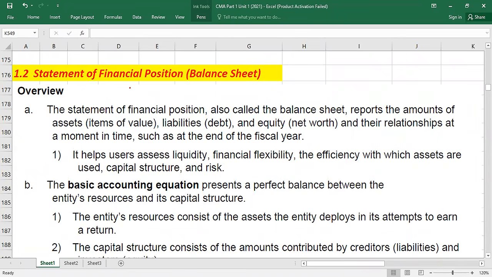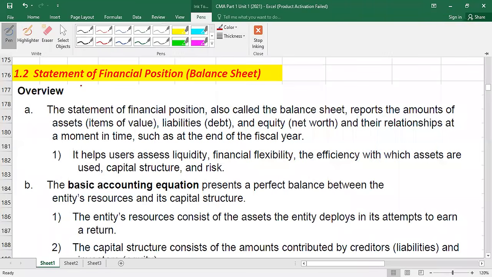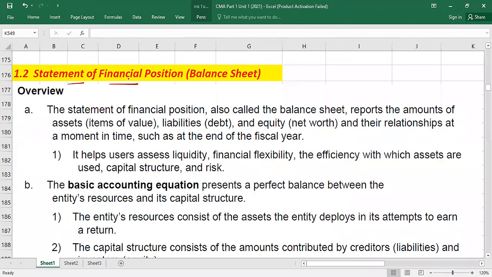Okay guys, welcome back. So now we are going to talk about the statement of financial position. It's called the balance sheet. First of all, you should remember what it represents.